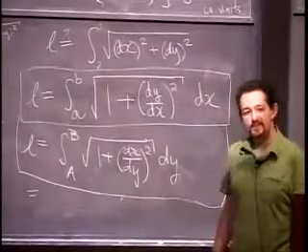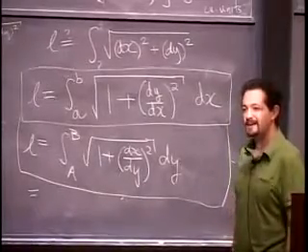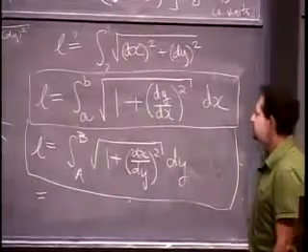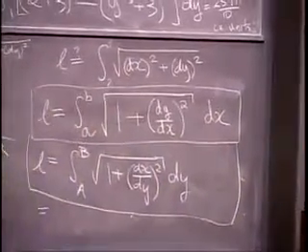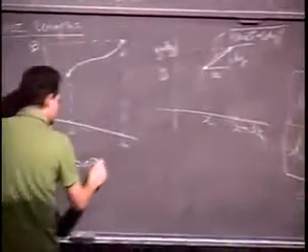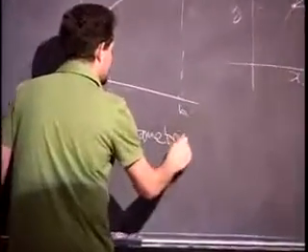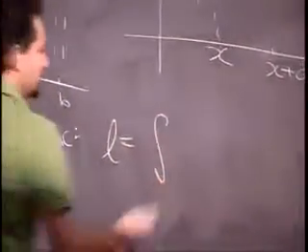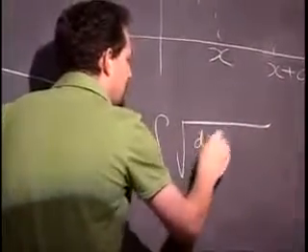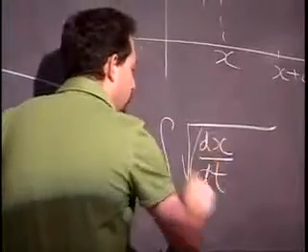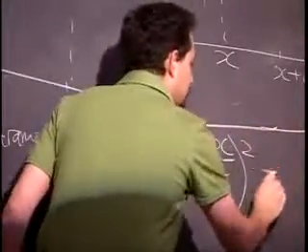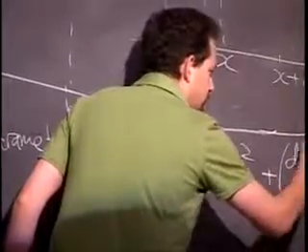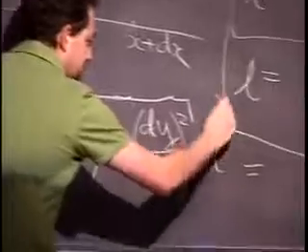Remember parametric coordinates, where x and y are both in terms of t? There's a parametric form as well. It looks like this. The length is the integral of (dx/dt) all squared plus (dy/dt) all squared, dt.